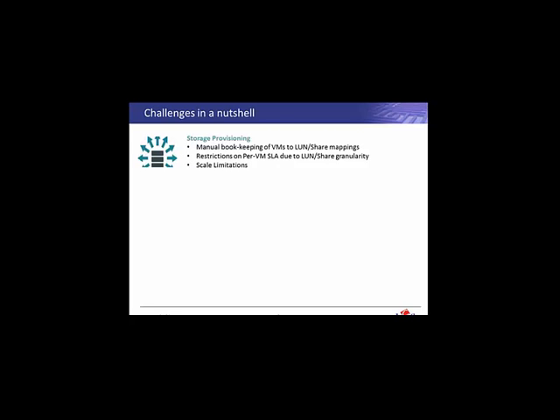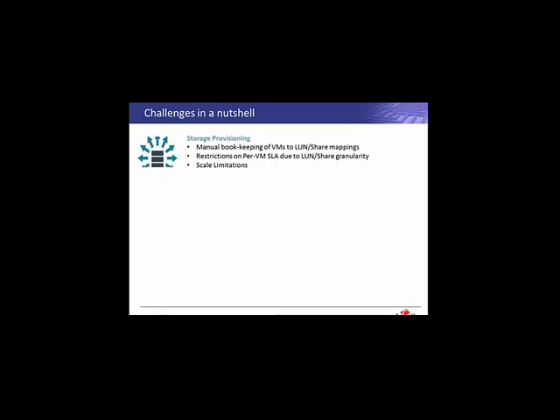Now, most of these problems arise out of basic difference in granular object in virtualized environment and conventional storage. A quick summary of the problems that we just saw is on a provisioning front. It's about keeping the mapping of VMs to LUN or a share. Working with restrictions on per VM SLA due to the LUN or share level granularity.